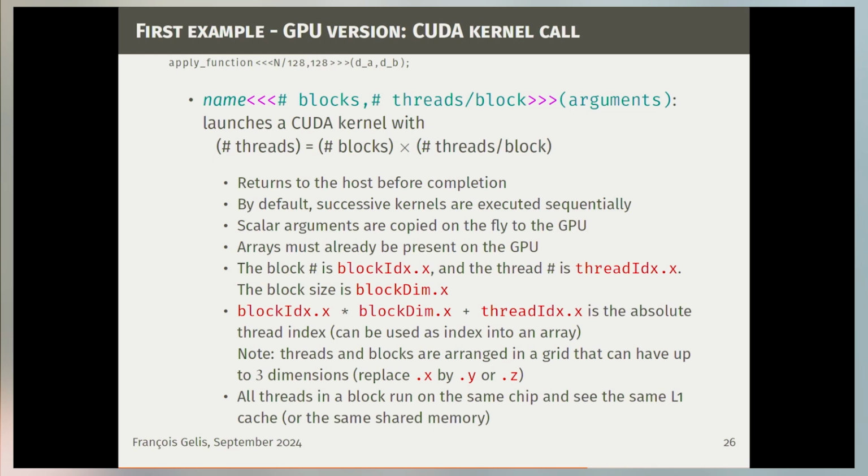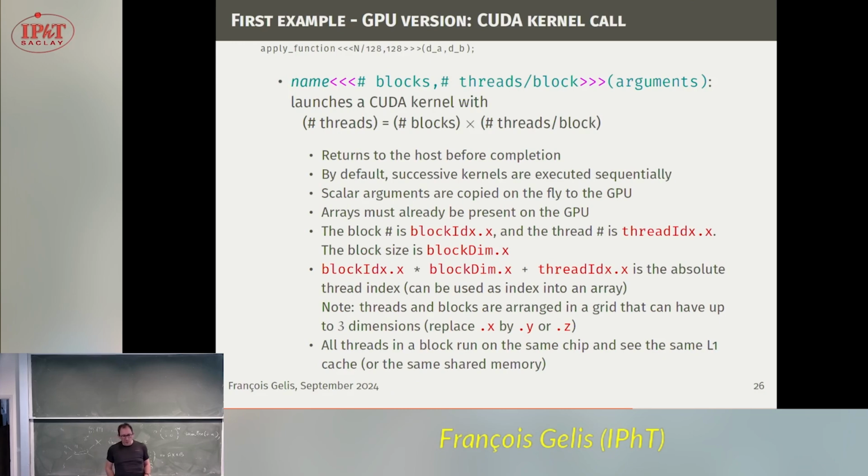In OpenMP, typically you will try to have as many threads as you have computing cores. So if you have a CPU with 8 cores, you will parallelize a loop with 8 threads in general. While here, I'm calling this function with 200 million threads.